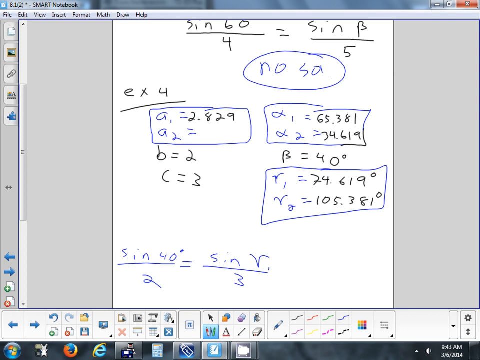And then for A2, it's going to be sine 40 over 2 equals sine 34.619 over A2. 1.768. Okay. Any question on that one? All right, so that's your two solution case.